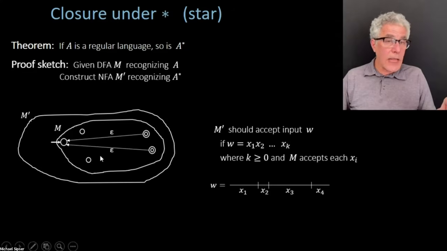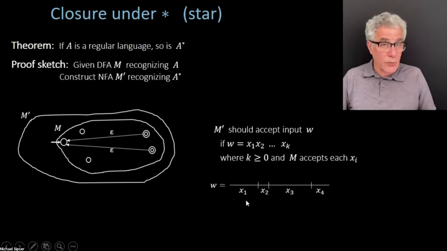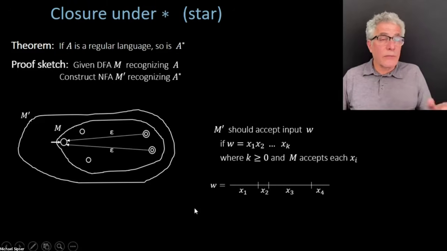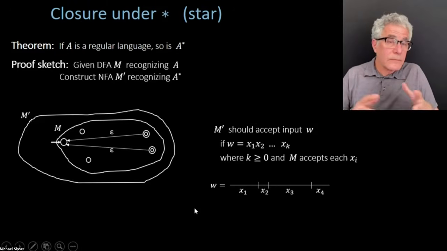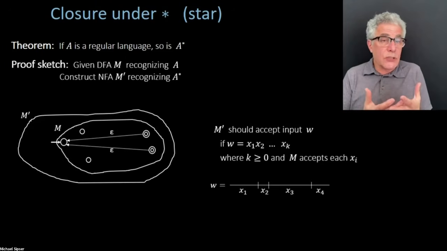And as it's written right now, we're going to be requiring there to be at least one segment. We're not taking into account the possibility of no segments, which is the empty string. So we're missing the empty string right now.